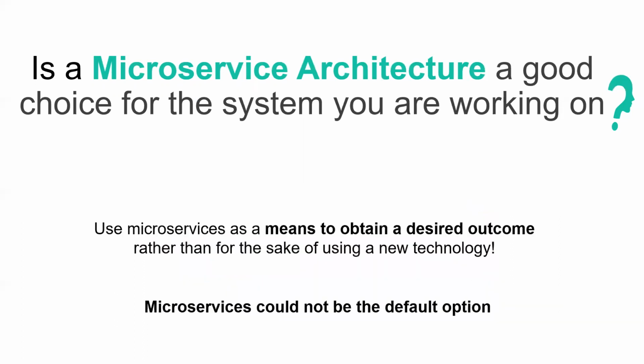But we'll try here to be more pragmatic and say that when developing the first version of an application, you often don't have the problems that this architecture solves. In addition to that, using such an elaborate and distributed architecture will slow down development.